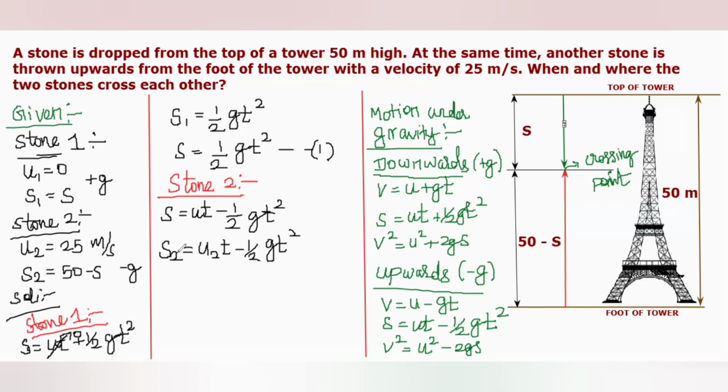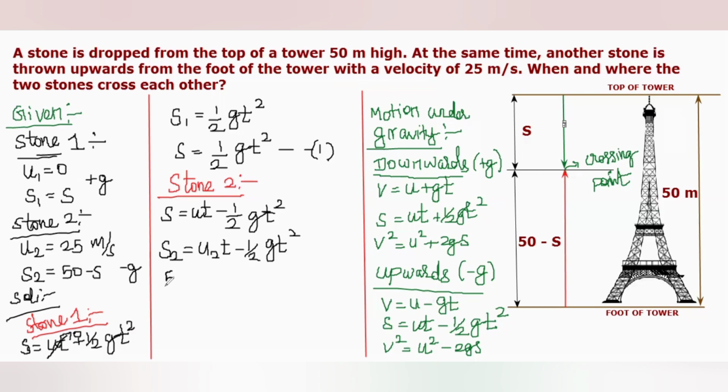Here S2 equals 50 minus S. That means the distance between the foot of the tower to the crossing point. That is S2, the distance traveled by stone 2 from the initial position, the foot of the tower, to the final position, the crossing point. So S2 equals 50 minus S.